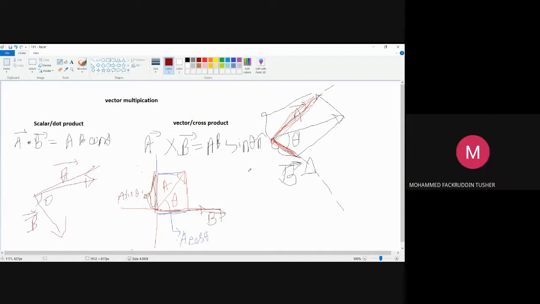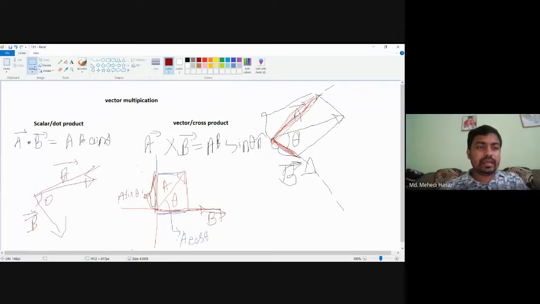জি স্যার। ওকে, দেন যদি কোশ্চেনটা বলে find out the component of vector A along the direction of vector B, then it will be A cos theta, and if the question is component of vector A along the perpendicular direction of B, it will be A sin theta.